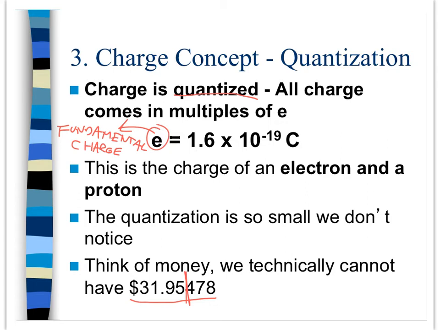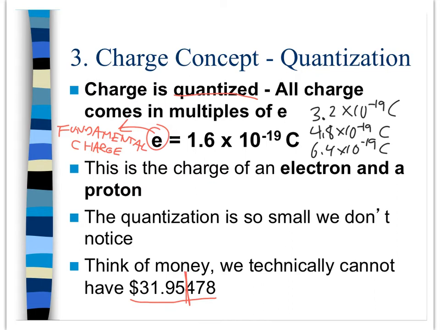And then the next smallest charge would be 2 times that, 3.2 times 10 to the negative 19th coulombs. It's not possible to have a charge in between. And after that, 4.8 times 10 to the negative 19th coulombs, and 6.4 times 10 to the negative 19th coulombs, and so on. You can't have a charge in between those values.